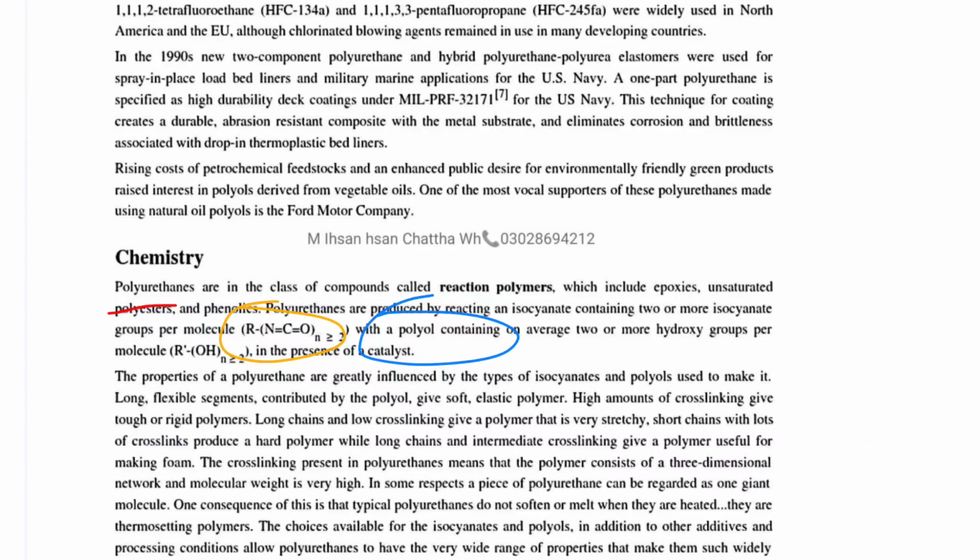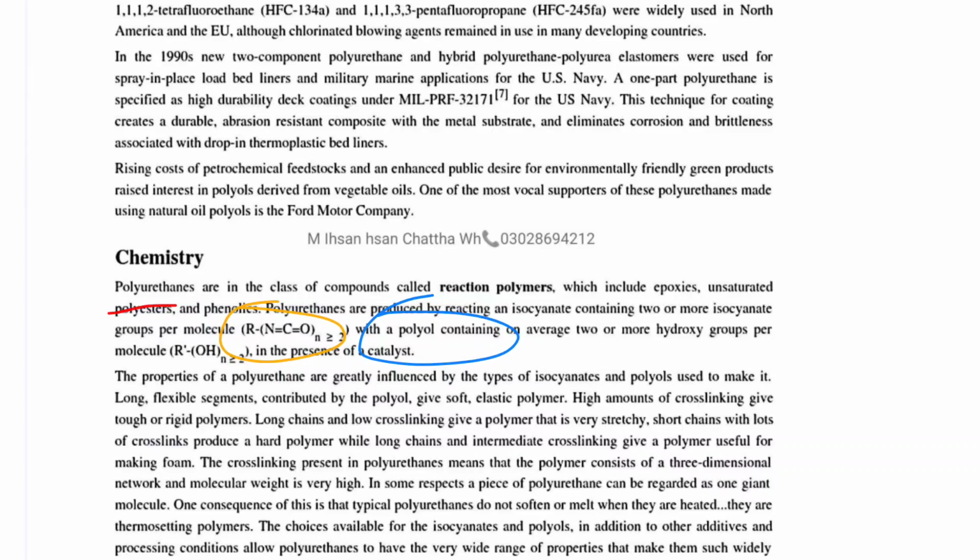All these molecules react in the presence of some catalyst. We will later discuss the various available catalysts. Properties of the polyurethanes are greatly influenced by the type of isocyanate and polyol present in them.